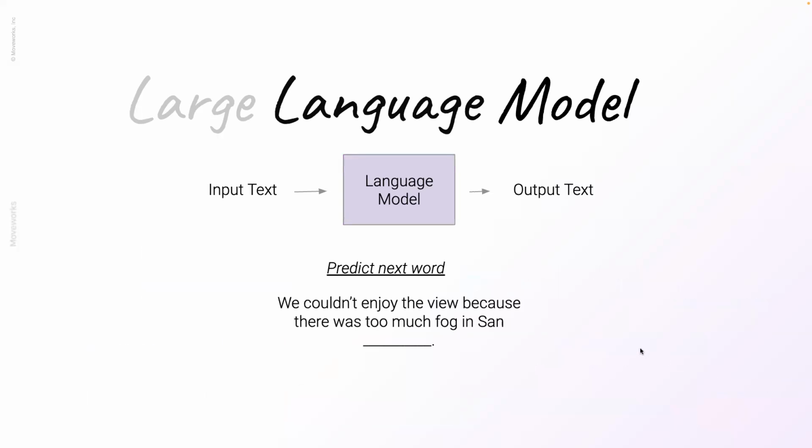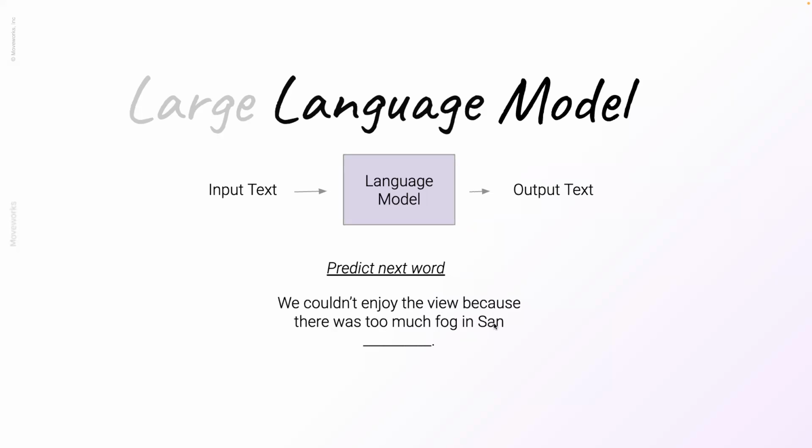A language model is a type of model where the input is text and the output is text, or more specifically, as we'll see in a bit, probabilities of what text will come next. In other words, a language model is often trained to predict the next word. For example, in this input text, we couldn't enjoy the view because there was too much fog in San blank.